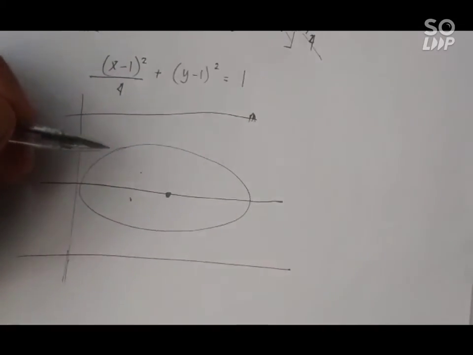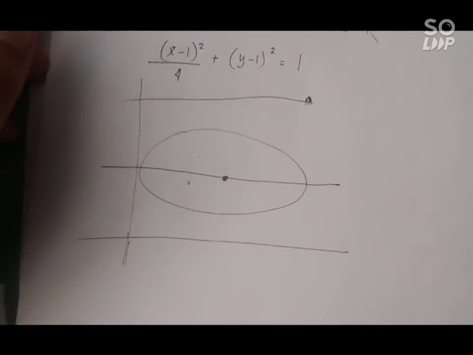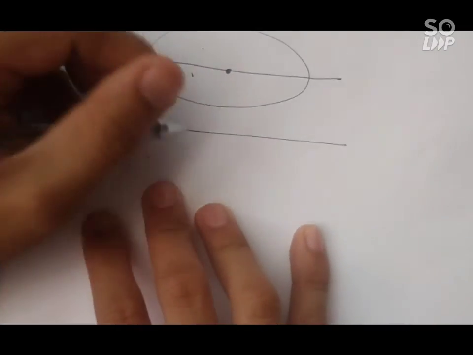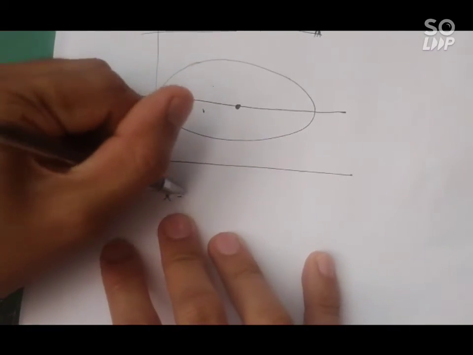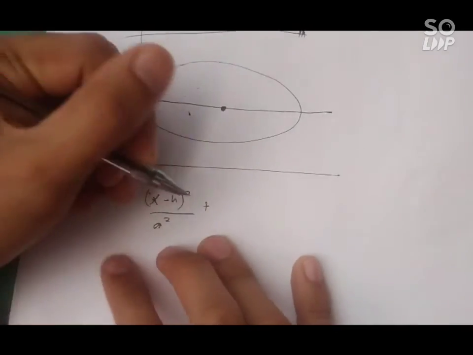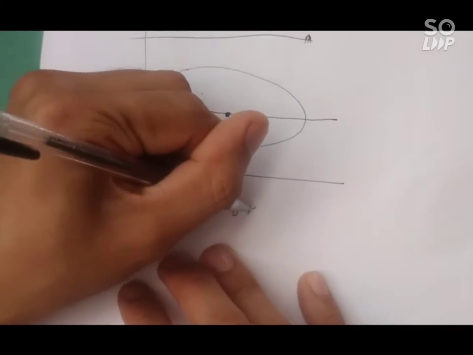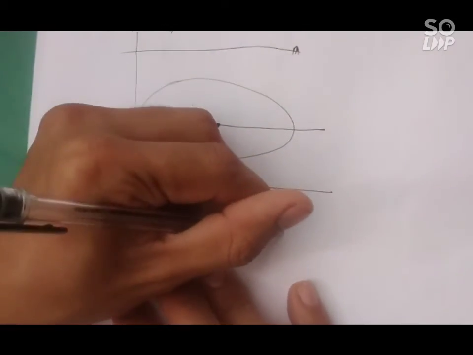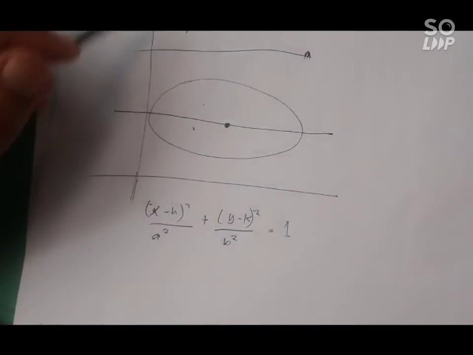So 4, so which is yung atong standard equation is x minus h squared over a squared plus y minus k squared over b squared equals 1. So mao ni siya.